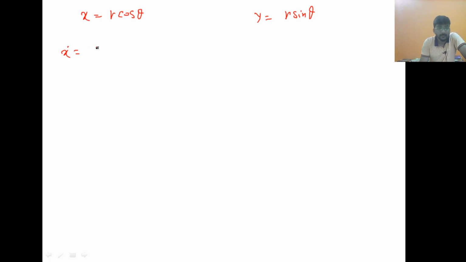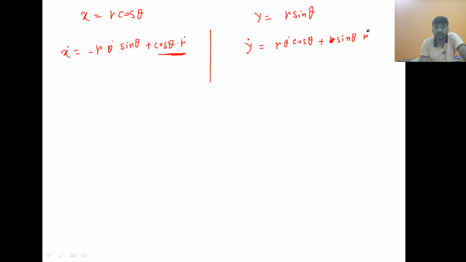X dot will be minus r theta dot sin theta, but we have to take the derivative for r also, so it will be plus cos theta and r dot, that is r dot cos theta. I missed this term in the previous case. Similarly y dot will be r theta dot cos theta plus sin theta r dot, or r dot sin theta you can say.